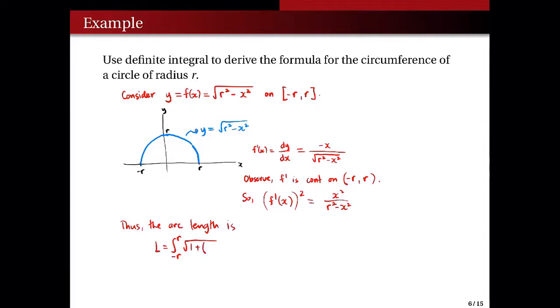So this is just x squared over r squared minus x squared, without the square anymore because we already squared it here, and then we have the dx. Let's simplify. We have the integral from negative r up to r of the square root of r squared over r squared minus x squared dx.